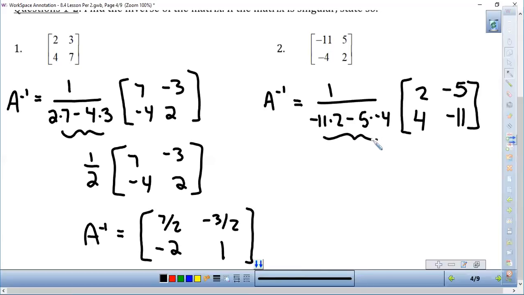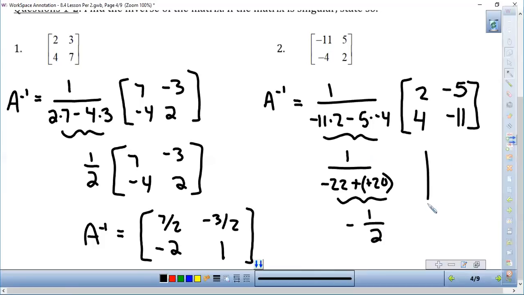So let's look at what's happening here. On our denominator, we get -22 minus -20. We know that's the same thing as plus 20. And so -22 plus 20 is -2. So altogether, this will be the fraction -1/2.